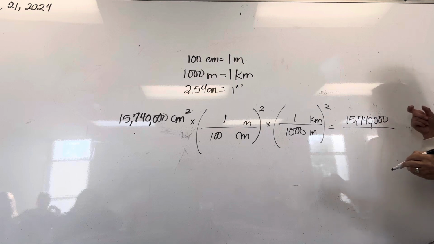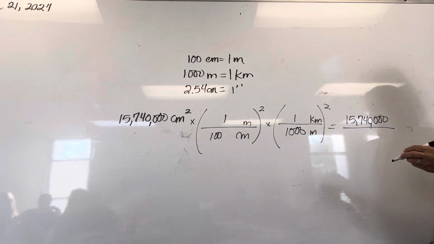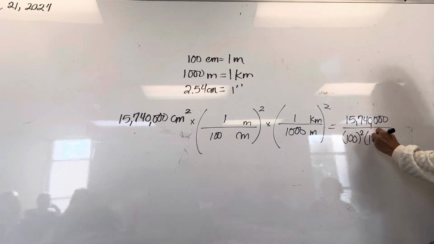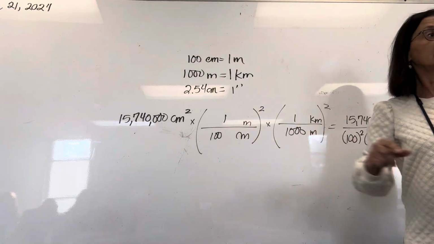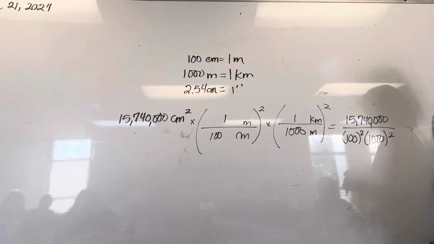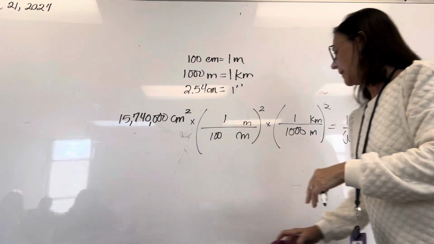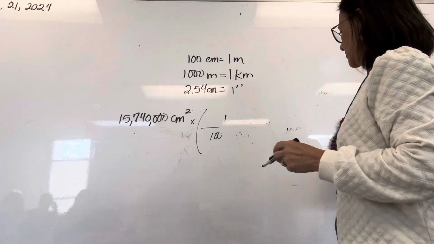Remember, that initial term is never squared because it's already squared. Over 100 squared times 1,000 squared. You do not have to write the ones. All right, so that's metric to metric, and kilometers. I didn't write the unit measurement.